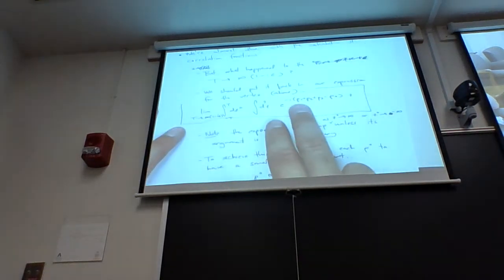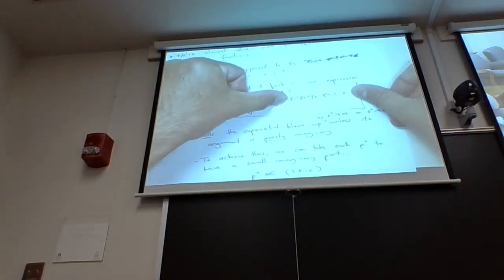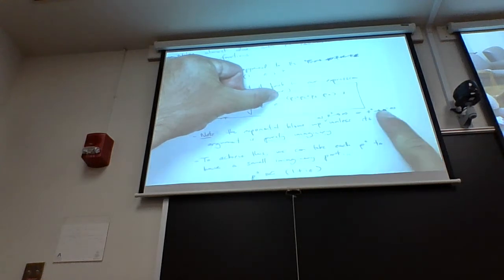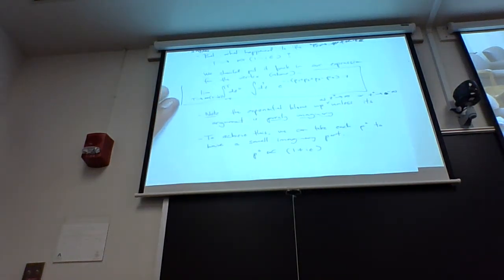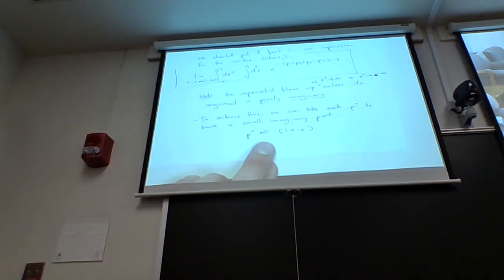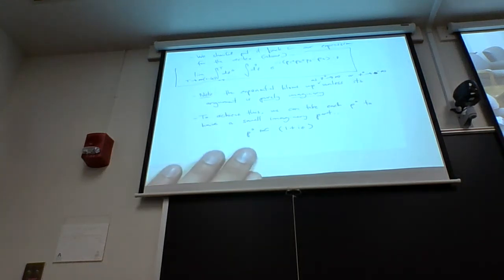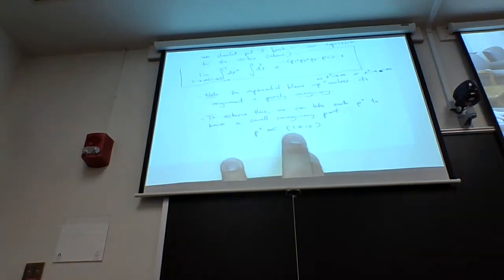If the argument's imaginary, I'm talking about the p dot x's, then I'm going to get something damped, a damped exponential, so it won't blow up. The way we achieve this is by skewing the time part of the four-momentum, in other words, the energy component, by some 1 plus i epsilon piece.